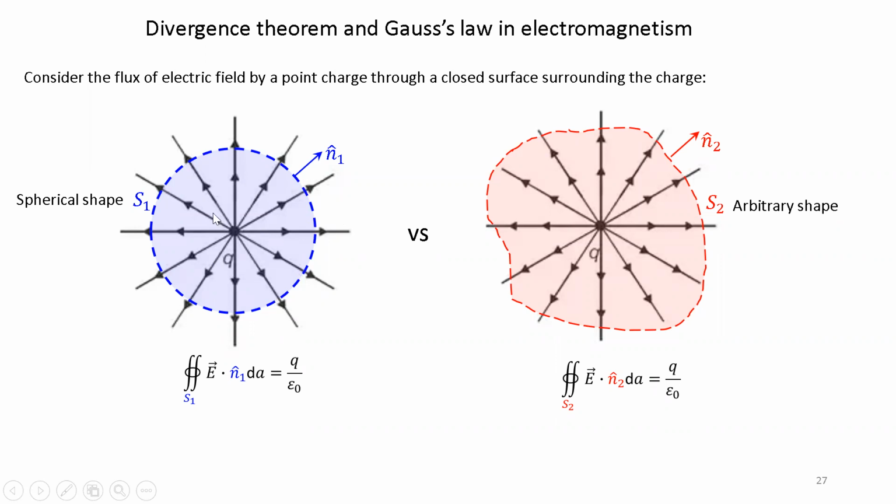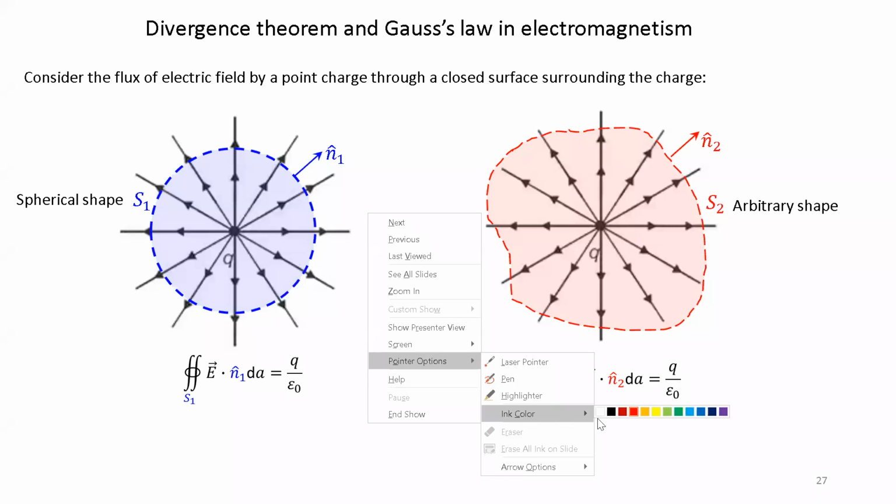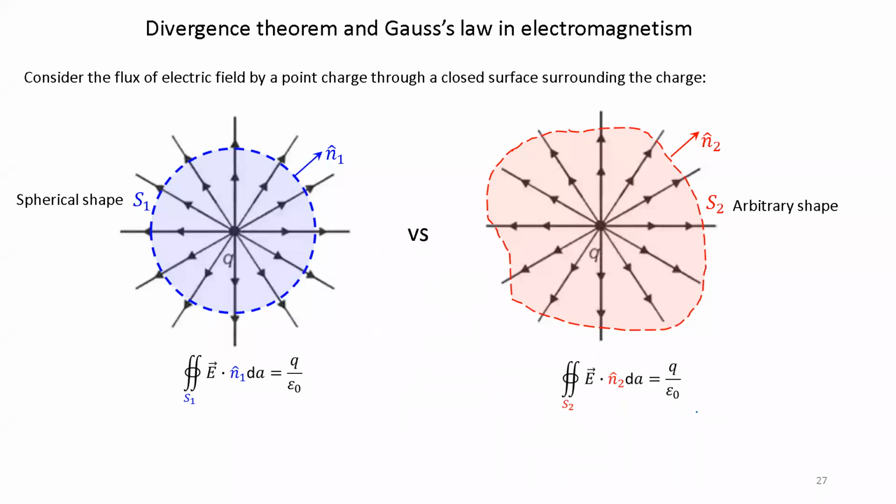I'm not constructing a region with a hole anymore. I want to apply the divergence theorem to this entire region enclosed by this S1. So what would that tell us? Then the flux would be equal to this volume integral of the divergence of E.